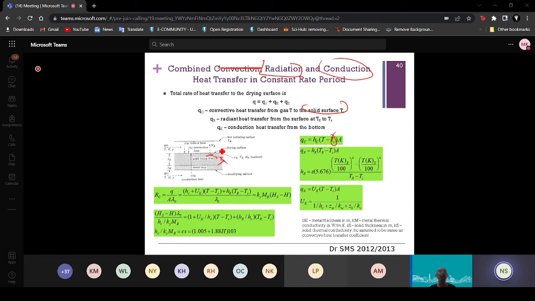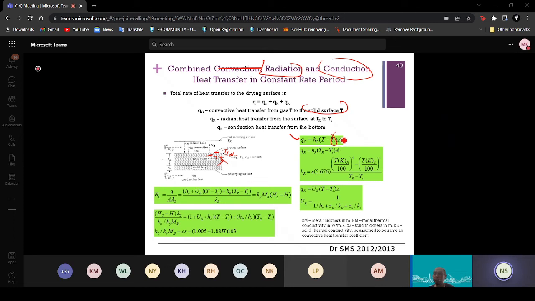So now we assume TS, T solid surface, not T saturated. So this is the equation for QC, for convection: HC (T minus TS) times area.